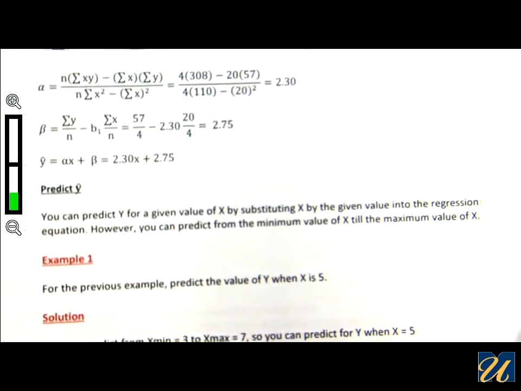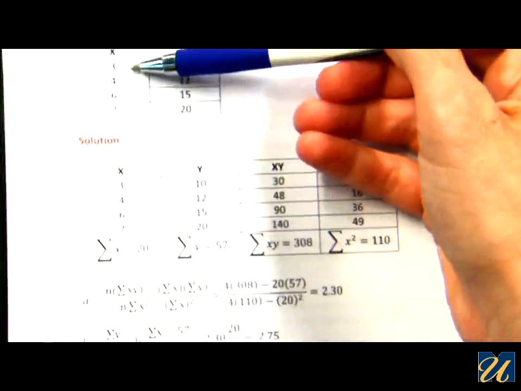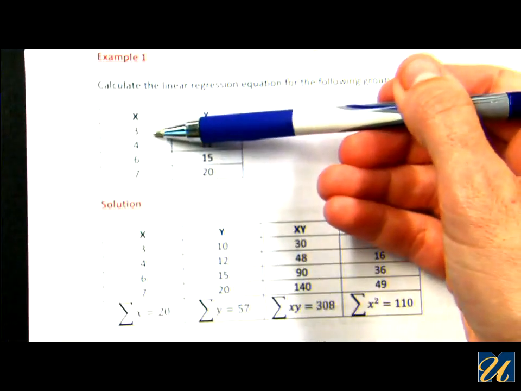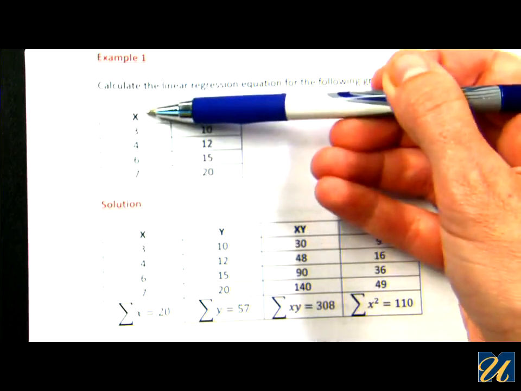data values. So once again, when you are asked to predict y for a given value of x, you always double check if the value given to you is within the range of x minimum to x maximum of your original data values.